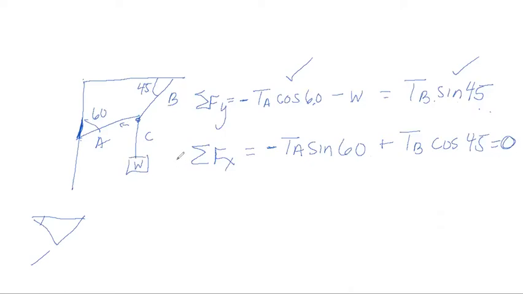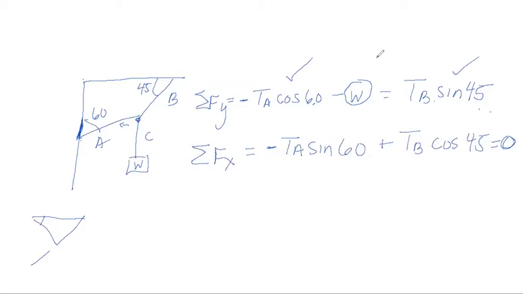And now that you have those two equations, and you have only two unknowns, TA and TB, we're using W as a value. It is actually an unknown, but we're writing everything in terms of W. So we only really have two equations, two unknowns.